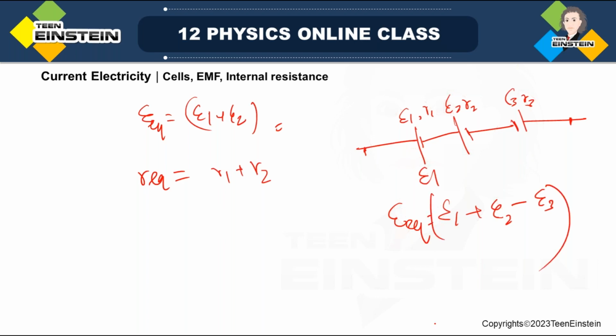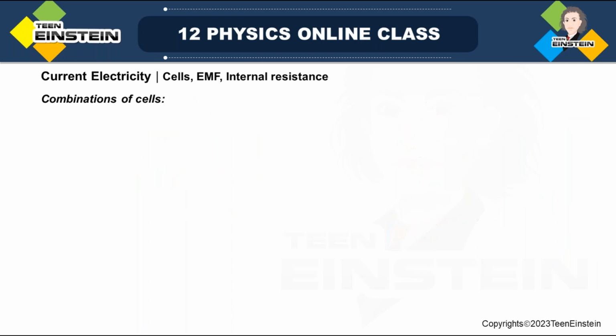Okay, so here you have to carefully take the sign of the battery, sign of the resistor, etc., like while current is flowing. So this is the thing. I'll discuss this later when we go for numerical problems.